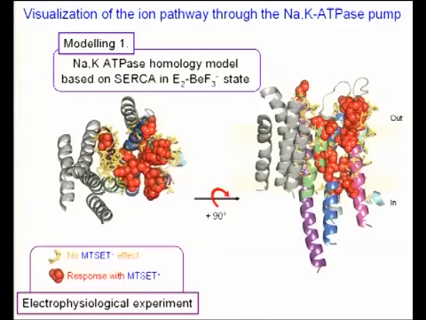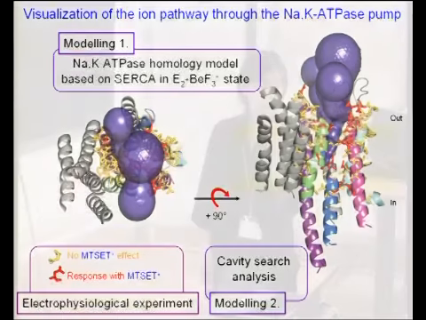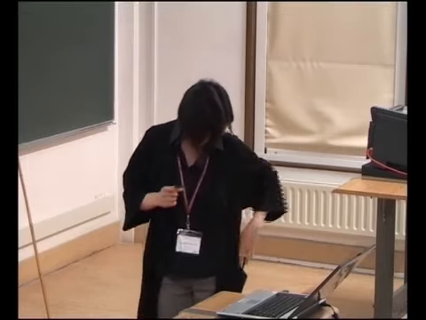It's clear that MTSET responsive residues, shown as red balls, form an unbroken pathway from the external to the internal side. Finally, we performed the second modeling, a cavity search analysis called MOLE. The calculated tunnels are beautifully surrounded by MTSET responsive residues, confirming the validity of the homology model.